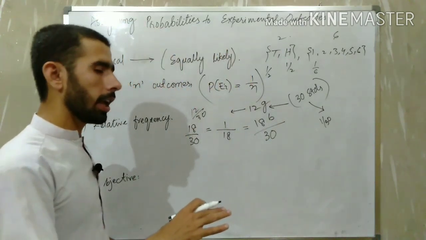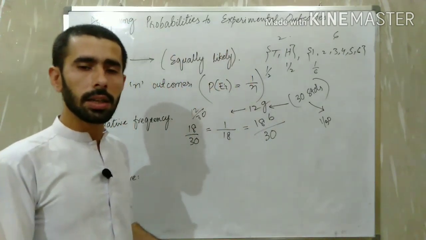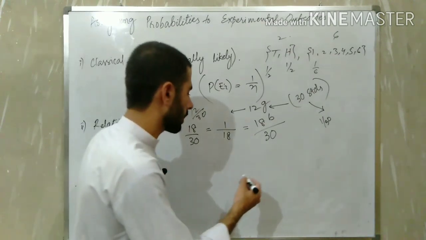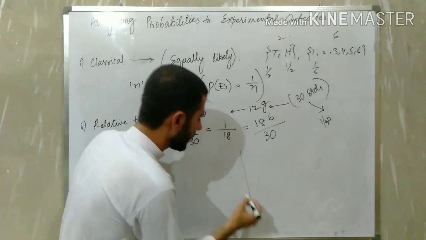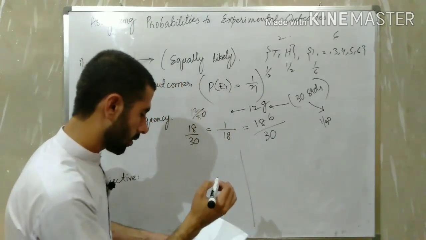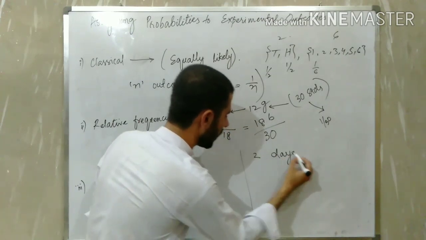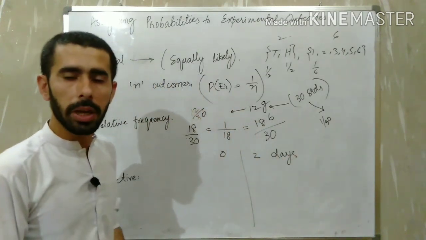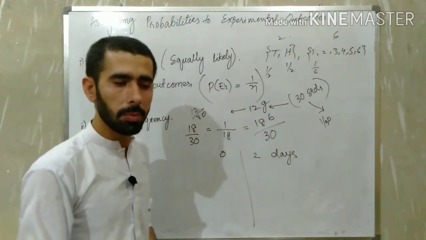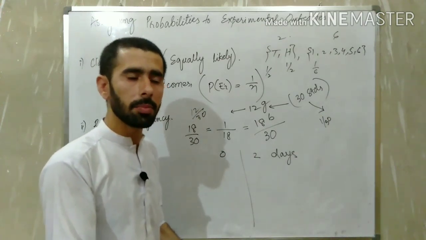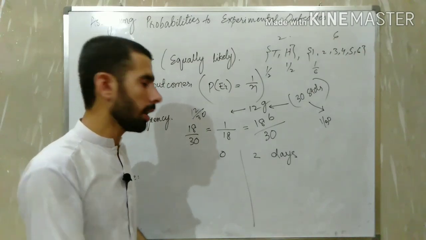So if he takes the statistics or the data of that clinic where the doctor sits, that data says that on 2 days there have been 0 patients at 9 a.m. when the doctor starts his time of consulting people.